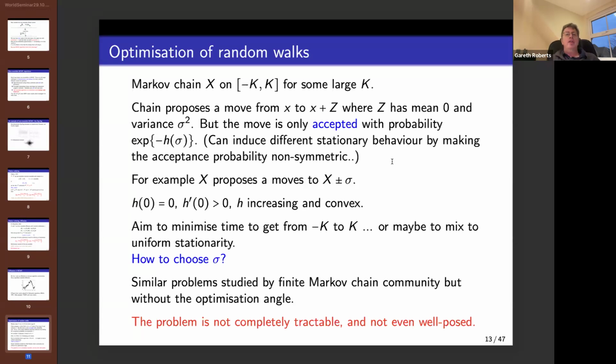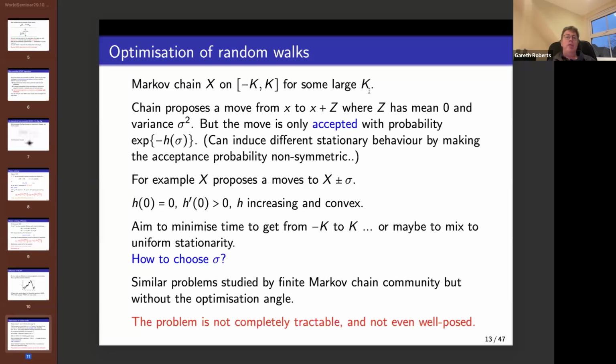So I'll change the notation very slightly here. Now I have a Markov chain X, which is living on a compact interval, minus k to plus k, for some large k. What I'm going to do is move from x to x plus z, where z has mean 0 and variance sigma squared.